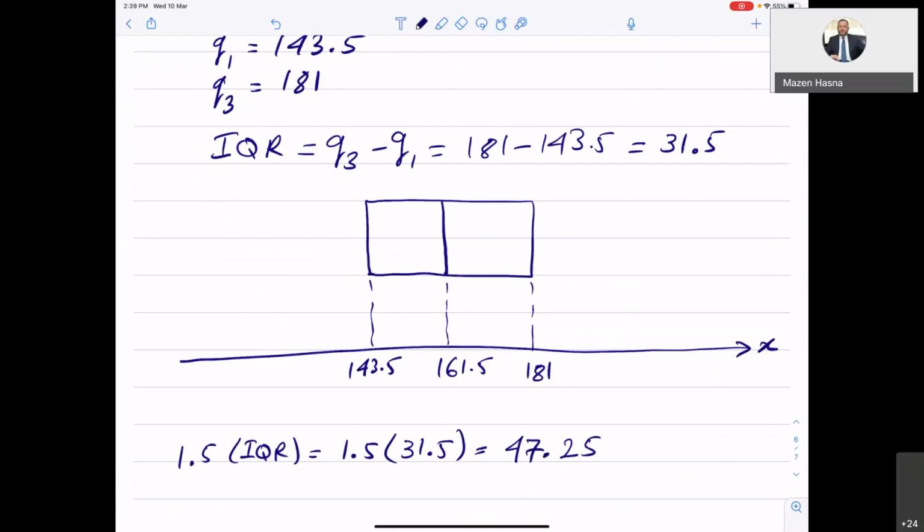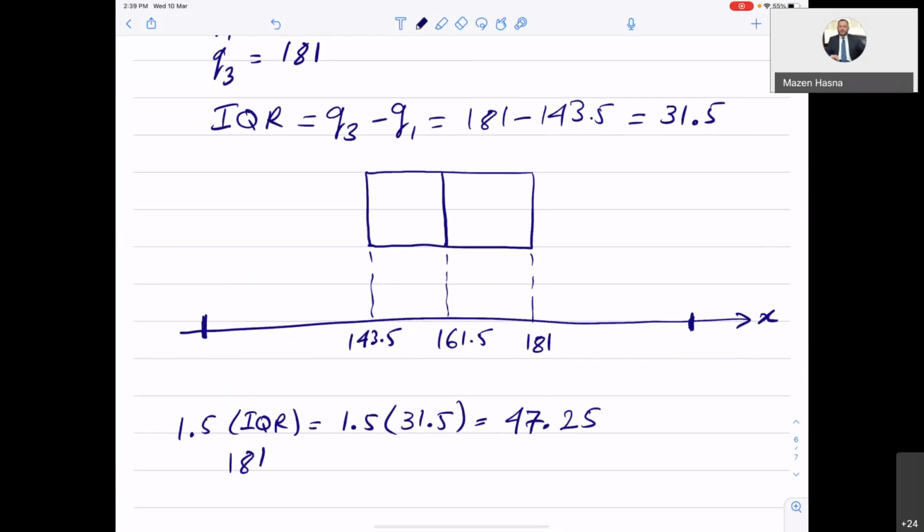So where are the two sides of the IQR? It will be 181 plus 47.25, which is 228, and 143.5 minus 47.25, so around 96 or so.